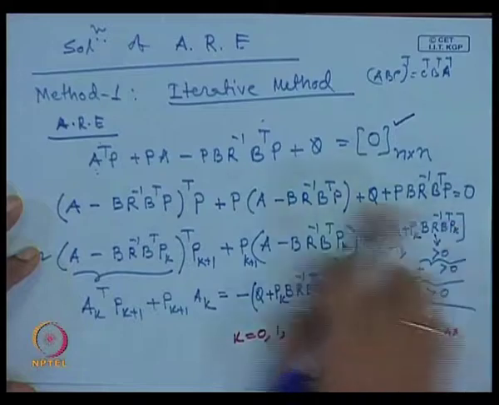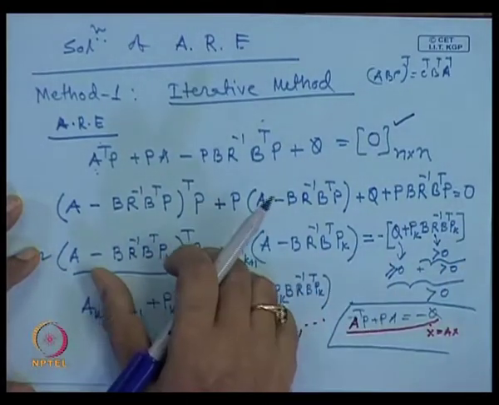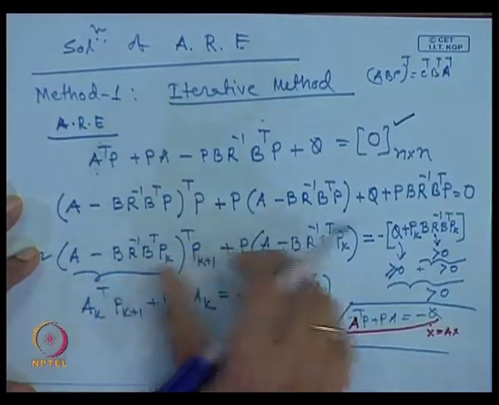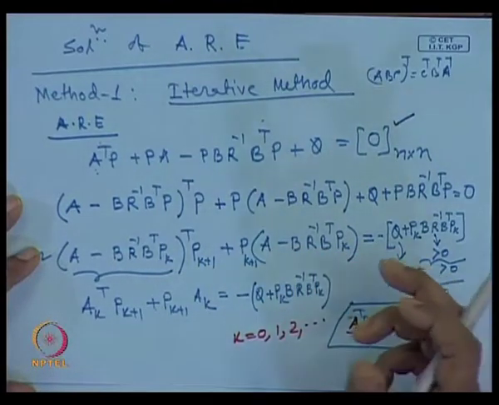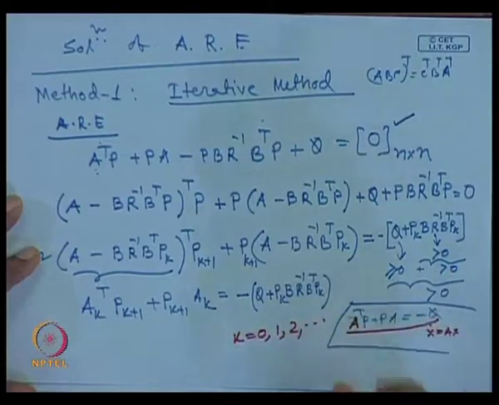In order to solve this equation, it is something like the Lyapunov type equation that we come across in the stability analysis of autonomous systems. Suppose you have x dot is equal to A x and we want to study the stability of the system based on a Lyapunov function. Then we consider an energy function V in quadratic form, x transpose P x.